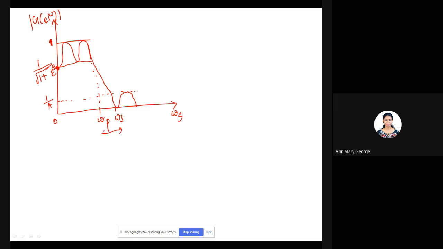This is also known as the transition band.